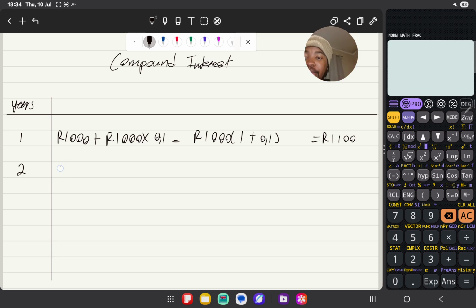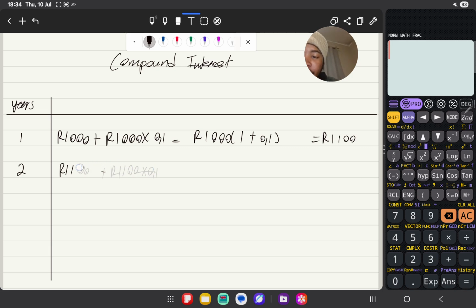So technically, I will just say 1,100 plus 1,100 multiplied by 0.1. This is what I will do, right? But now, instead of writing it this way, I'm going to write it another way. There's a reason why I'm doing it that way. I just want to show you guys something.